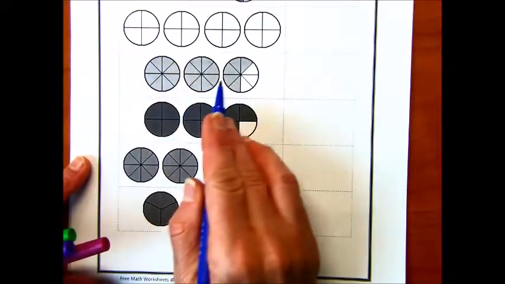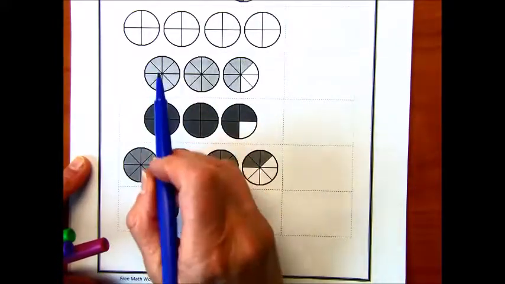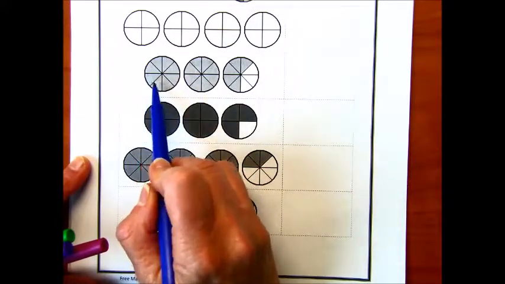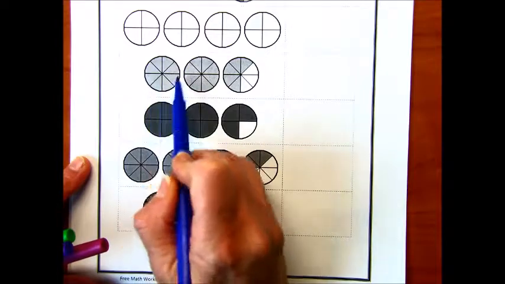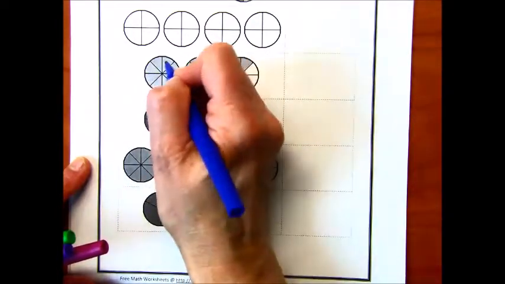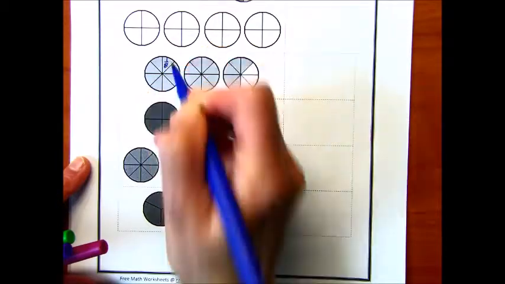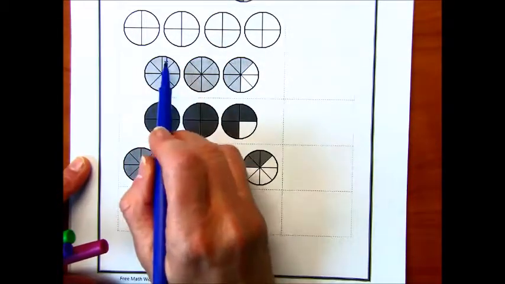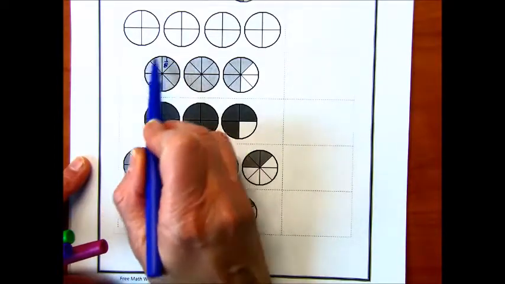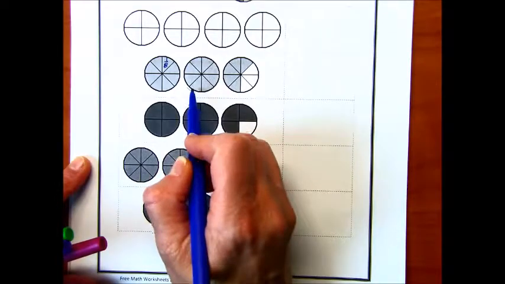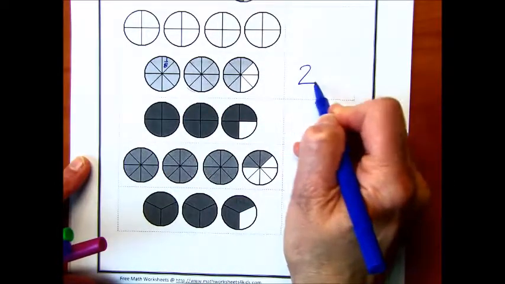Here we have 3 circles, and each circle is broken up similarly. We've got 1, 2, 3, 4, 5, 6, 7, 8. So 1/8 piece in each one. And I'm just going to write that here. I'm not going to write that in on all of them. So we've got 2 whole circles. So again, we're going to write 2.